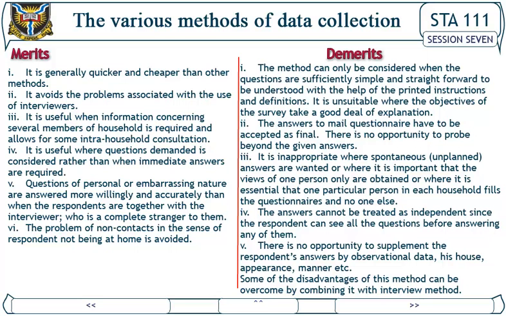The answers cannot be treated as independent, since the respondent can see all the questions before answering any of them. 5. There is no opportunity to supplement the respondent's answers by observational data, such as his house, appearance, manner, etc. Some of the disadvantages of this method can be overcome by combining it with the interview method.